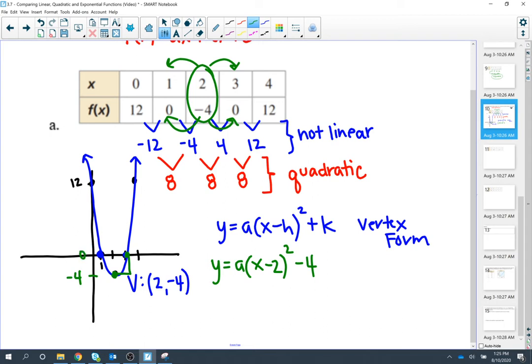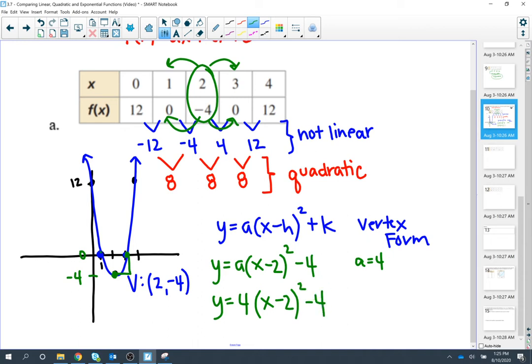So I went over 1 to 1, up to 4, which means my a value is positive 4. So at this point, y equals 4 times x minus 2 squared minus 4.